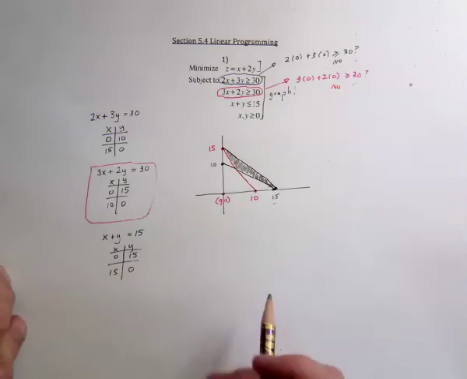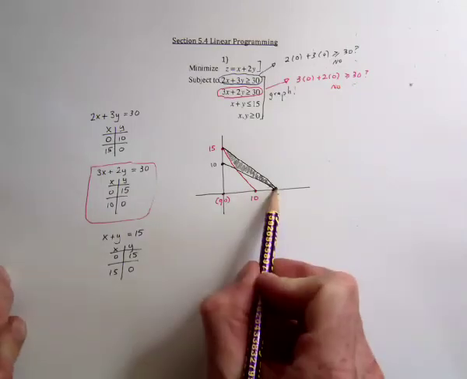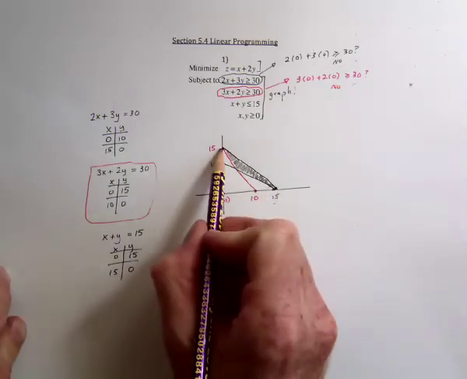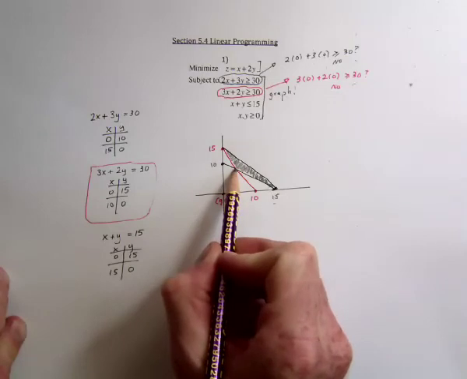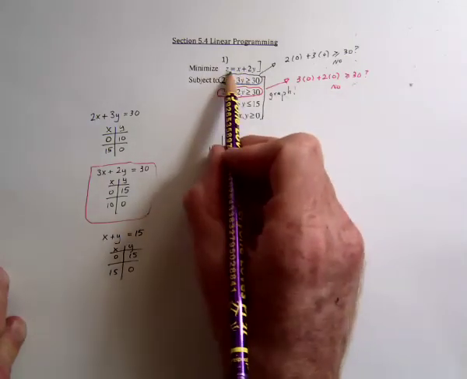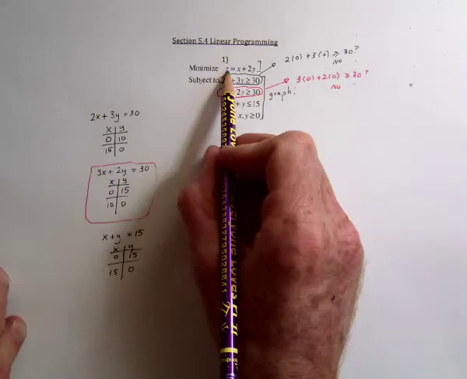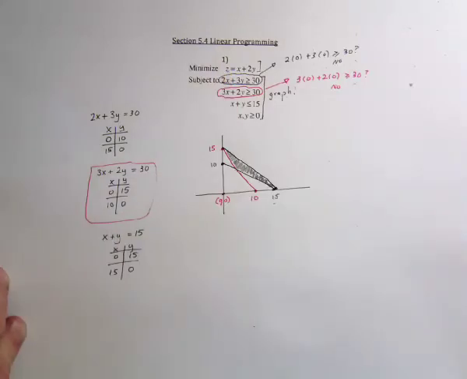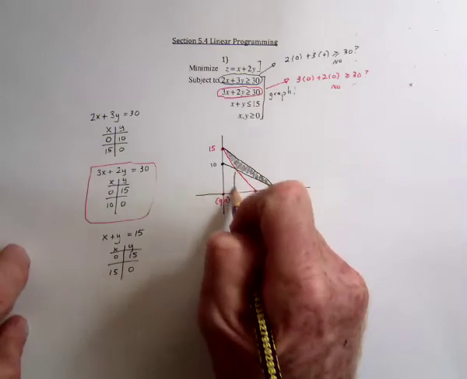Now for the next part, what we do is take all of the vertices of the triangle and take the x and y value, substitute it in, and see which one gives us the smallest result for z. That means that we need to know where is this point of intersection.